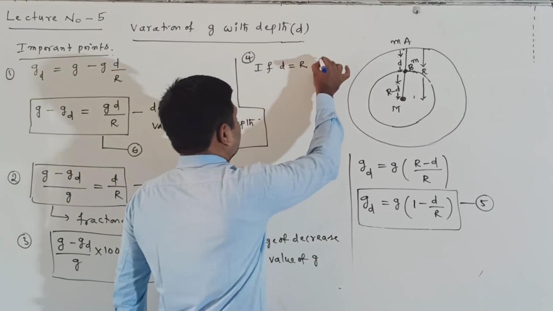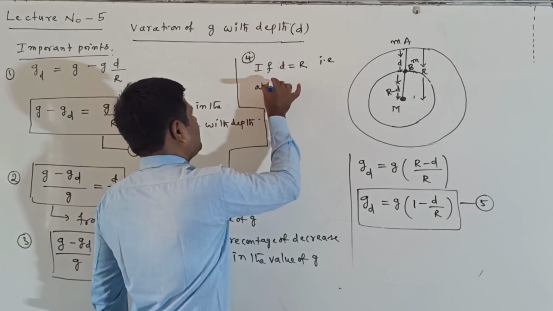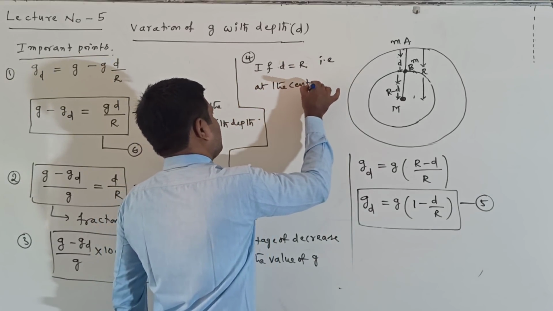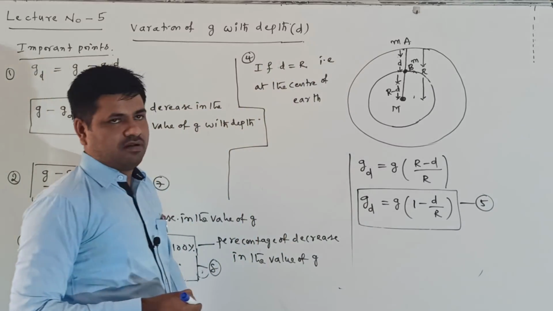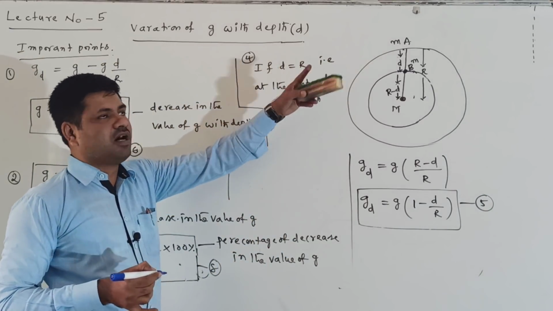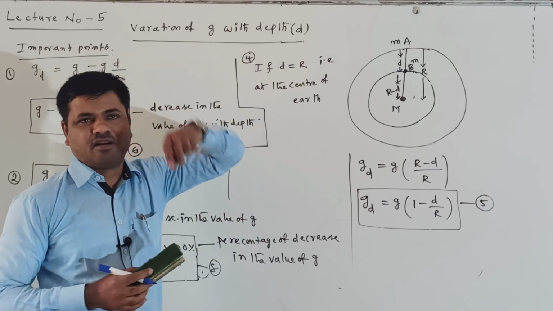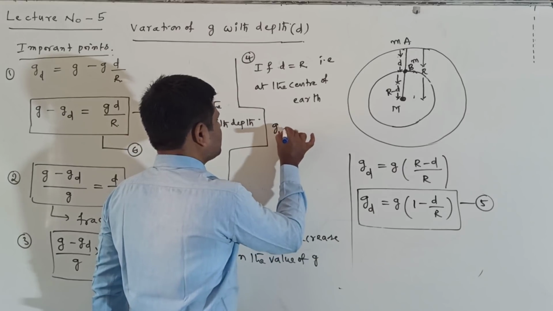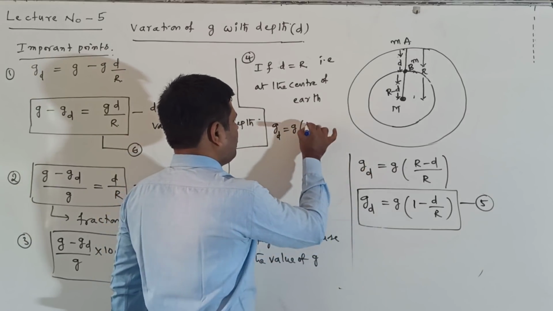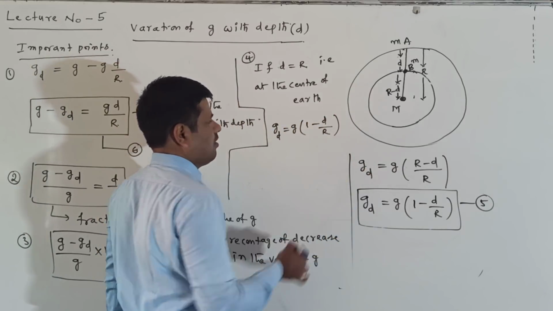The body is placed at the center of the earth. At the center of the earth we find the gd value. gd is equal to g into 1 minus d by r.